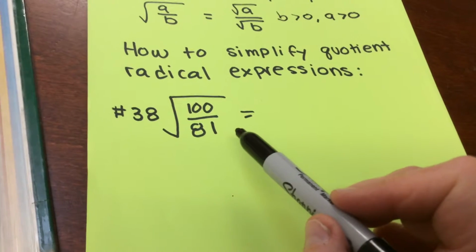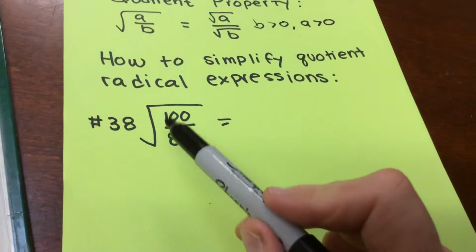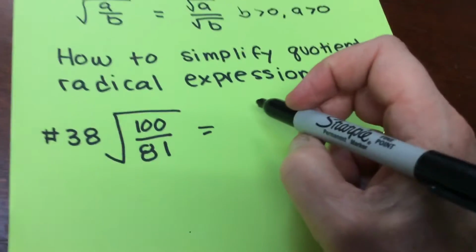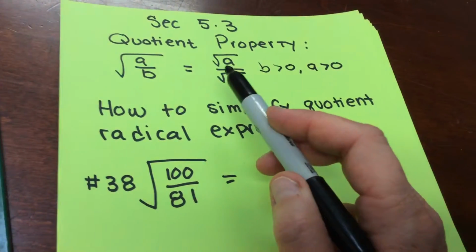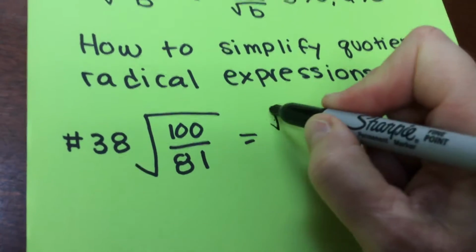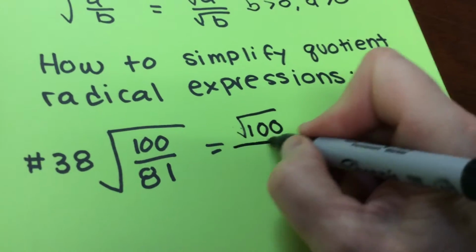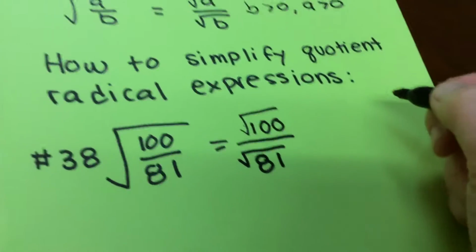Here's number 38 from your textbook page number 267. So it says the square root of 100 divided by the square root of 81. So how do we write that? Well, I can take a divided by b and break it up into two separate square roots. So let's go ahead and do that. So I have the square root of 100 divided by the square root of 81.